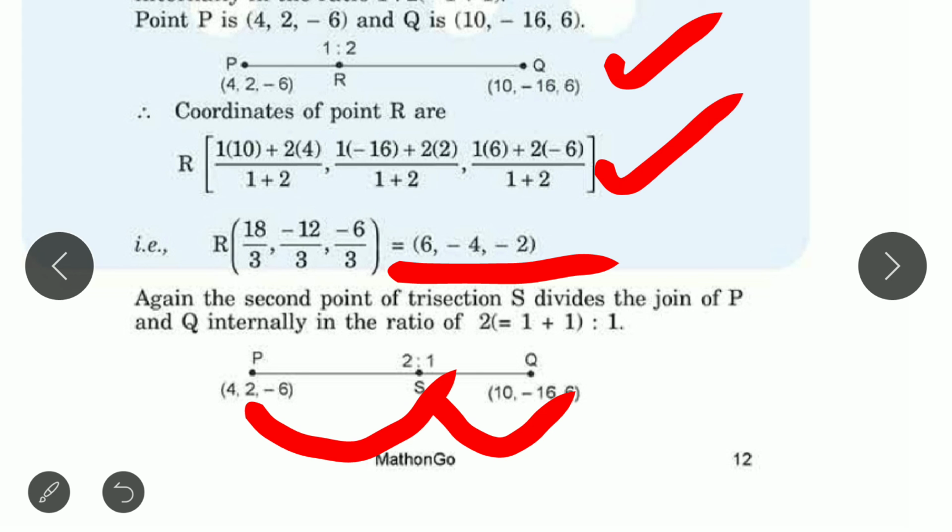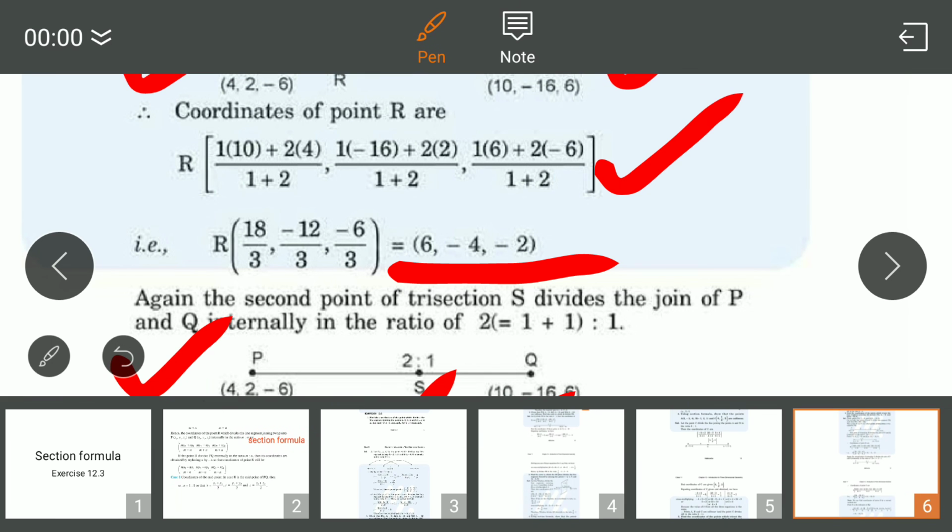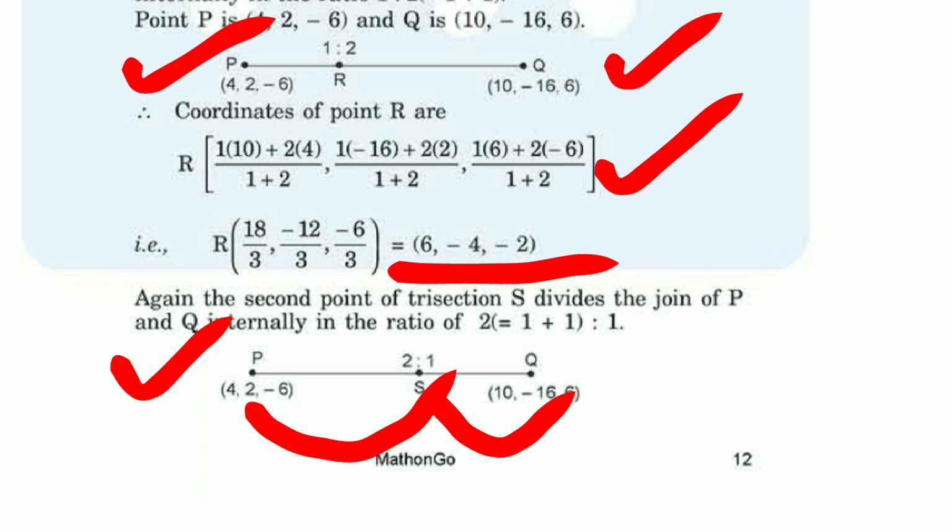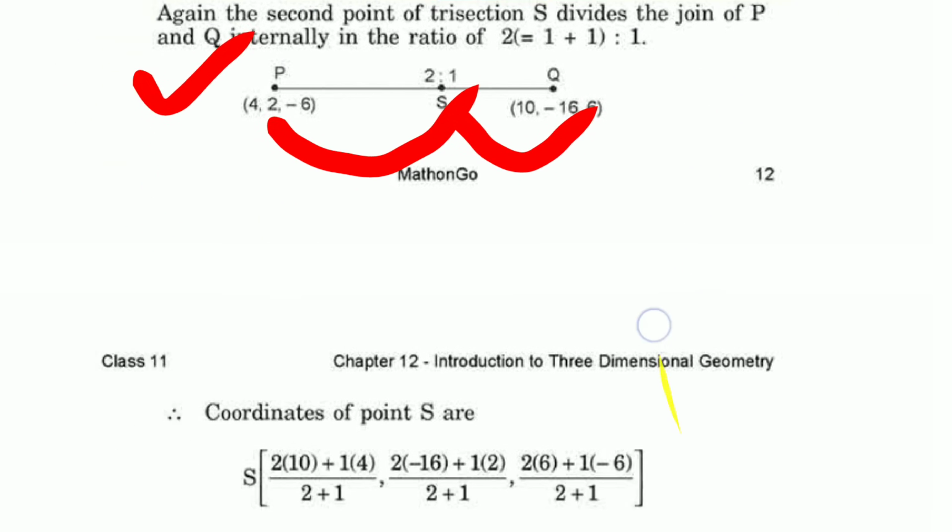There are 2 parts in PS and 1 part in SQ. So the ratio has changed. Earlier, in the first case, the ratio was 1:2. Now in the second case, the ratio is 2:1. And the coordinates of P and Q are already known to us. So we further calculate the coordinate of point S using the internal division formula.